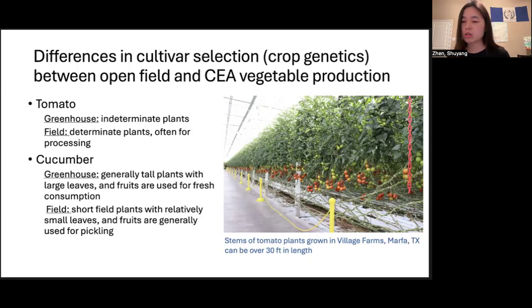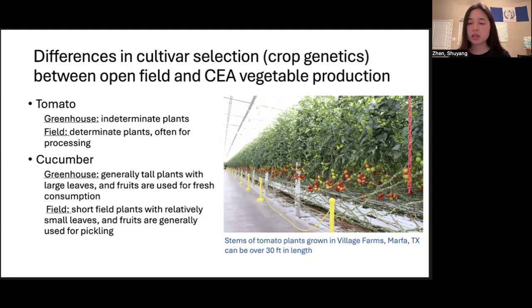And those greenhouse tomatoes are typically grown for fresh market consumption. In contrast, open field tomato production uses mostly determinate varieties, which are often referred to as bush tomatoes, and they are typically grown for the processing market.